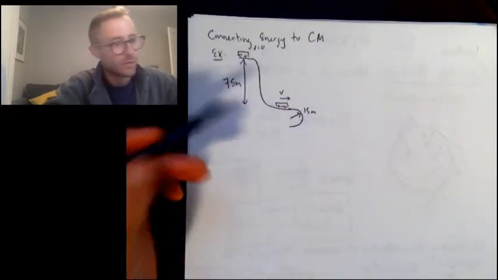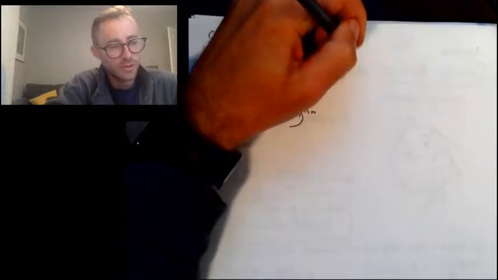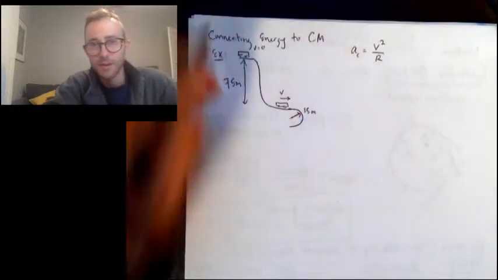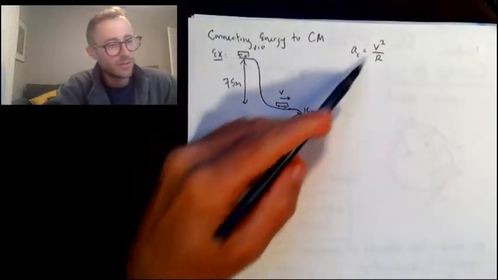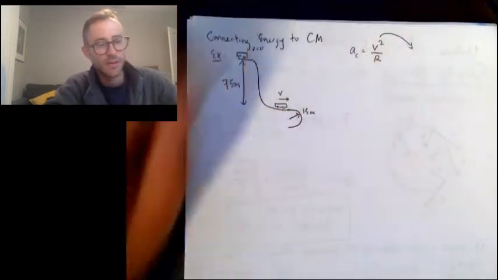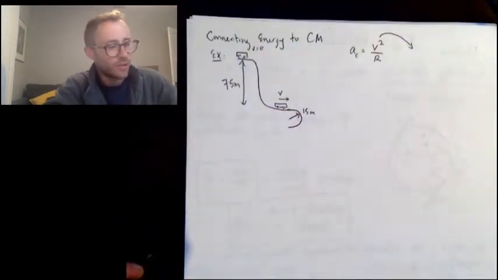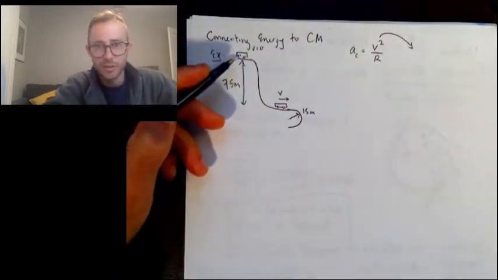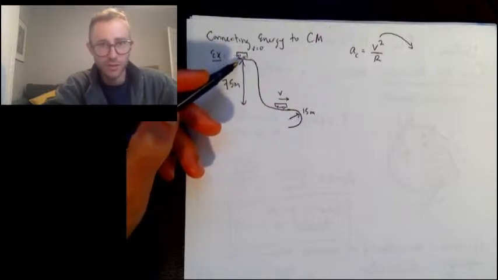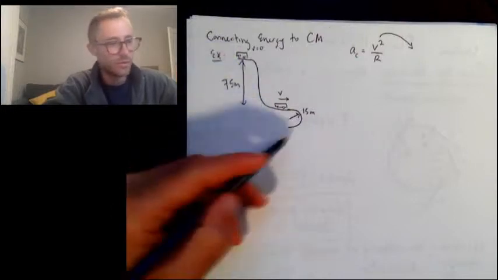Okay. So the formula for centripetal acceleration is v squared over r. Okay. But then to get the velocity, I have to use energy. Okay. And so to get the energy, we can see that this is a conversion from gravitational potential energy to kinetic energy.